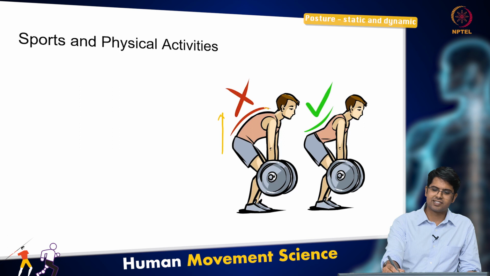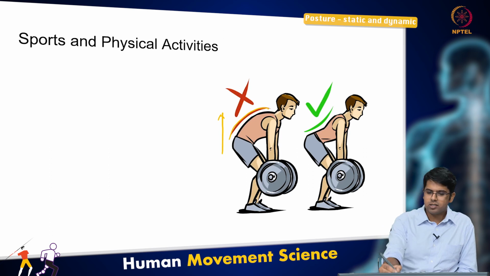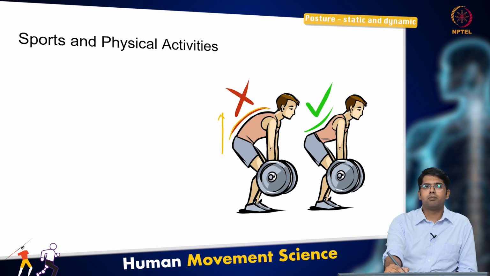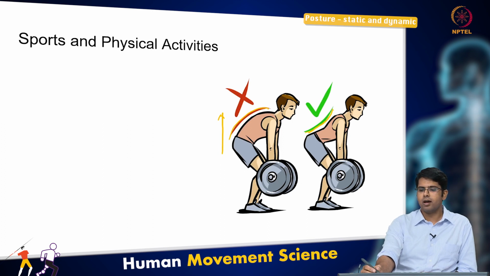Now, this is the same thing we saw in static posture, right? Rounding the back. Why is it bad? Because I am not recruiting the muscles correctly. If I had my spine in a neutral position, and if you remember from your skeletal anatomy lesson last week, that the neutral position of the spine looks something like this, right?